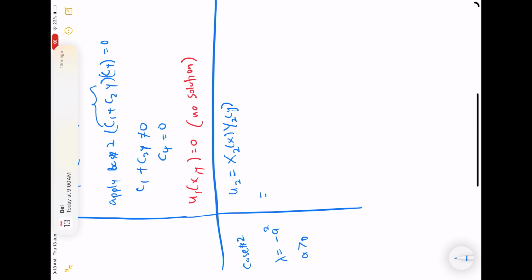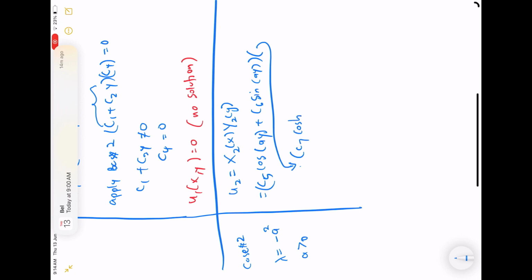We copy from the solution given to you just now: c5 cosine ay plus c6 sine ay, and then multiplied by c7 hyperbolic cos ax plus c8 hyperbolic sine ax.